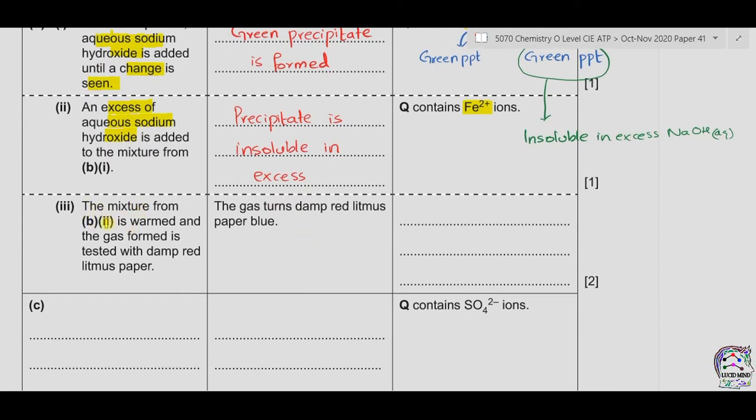Three, the mixture from B part 2 is warmed and the gas formed is tested with damp red litmus paper. The gas turns damp red litmus paper blue. Now this test is for ammonium ions. The gas that turns red litmus to blue is basic in nature.